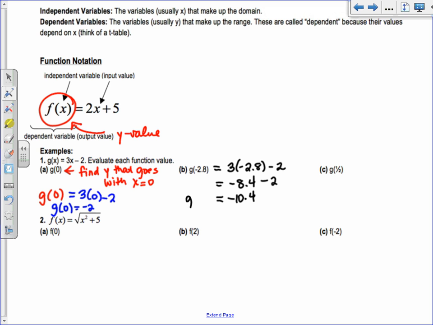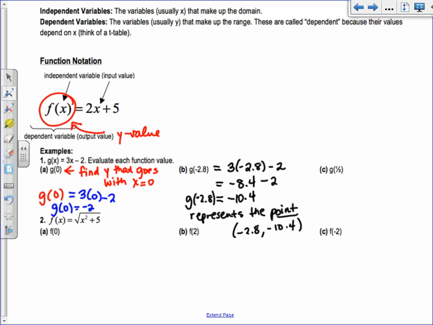So what we have is g of negative 2.8 equals negative 10.4. This represents the point negative 2.8 comma negative 10.4. Because it's saying plug in negative 2.8 for x, you get a number out. So you have an input, you have an output. Does this make sense?